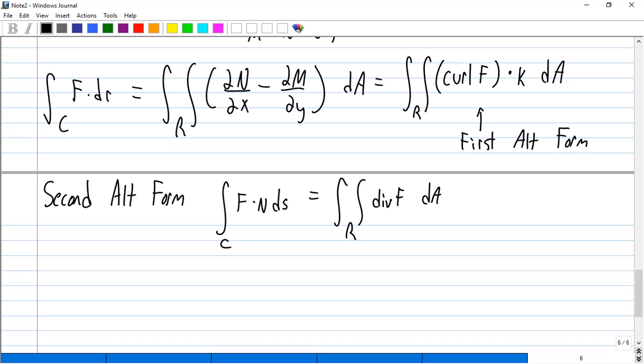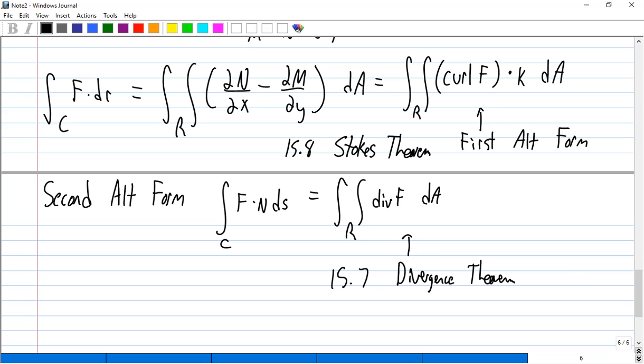And this alternative form is called the divergence theorem. So the first is going to relate to Stokes' theorem, and that's 15.8. This alternative form of Green's theorem is going to relate to the divergence theorem, which is 15.7.